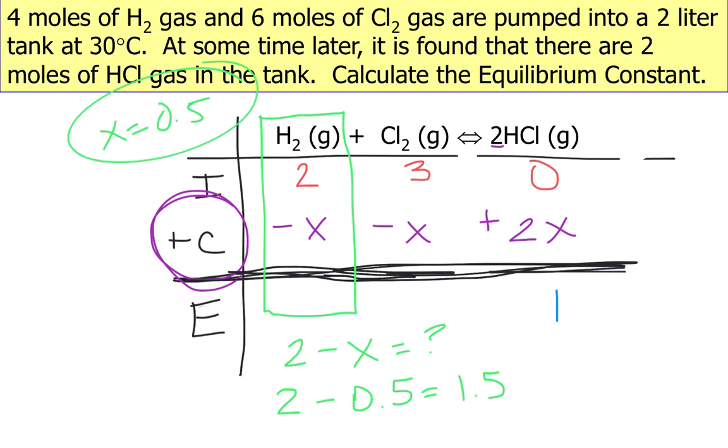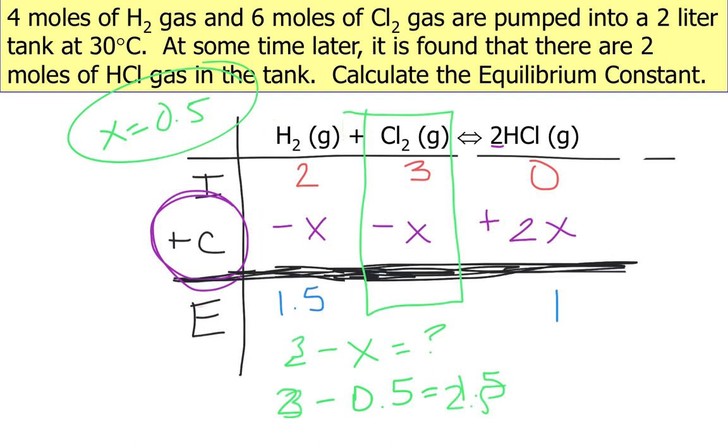So let's do the hydrogen first. If we have 2 minus x, and then we plug in the 0.5 for the x, we find that the equilibrium concentration for H2 is 1.5. And finally, let's do the chlorine. We have 3 minus x that we're trying to solve for, and if we treat x as 0.5, then we find our new equilibrium concentration of 2.5.